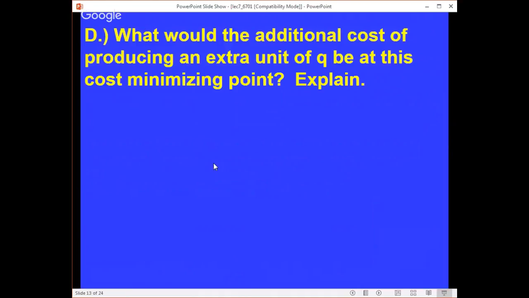What would be the additional cost of producing an extra unit of output, Q, at the cost minimizing point? You know this, right? Because you solved for lambda already. It's lambda. And you just have to explain it.